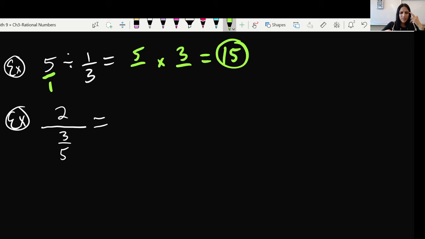But maybe just to make this clear, I could put brackets around the fraction. I want to take the same approach as I did in the last one. So I can set this up to say 2 times, and I flip that bottom fraction. So instead of doing 2 times 3 over 5, I would now do 2 times 5 over 3. So I'm flipping, and I'm going to change the brackets into arrows.